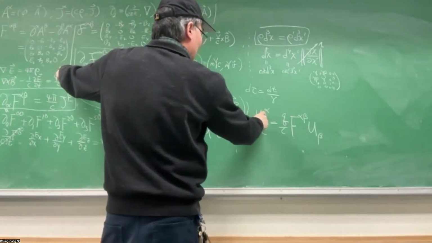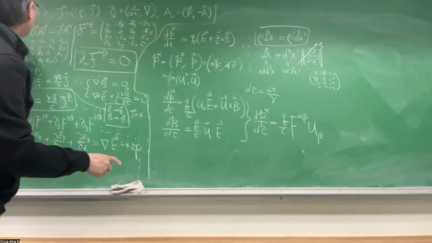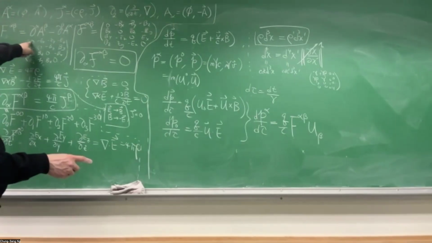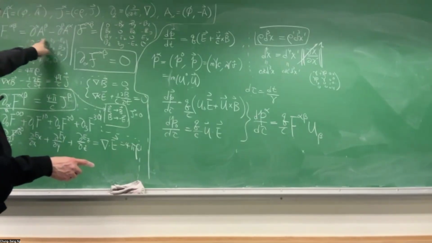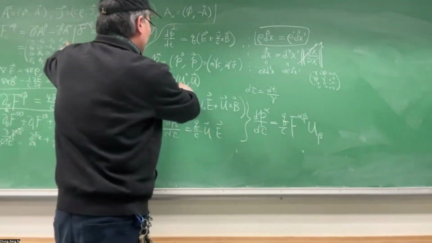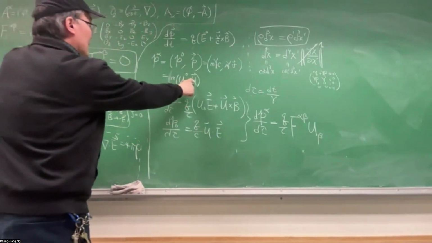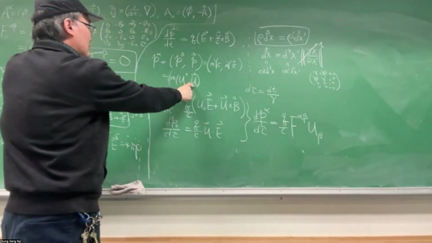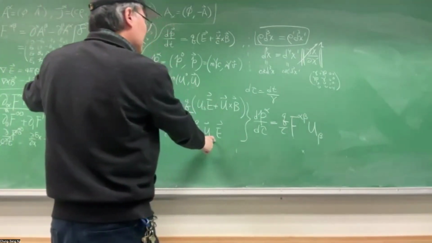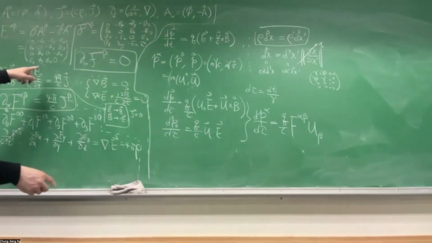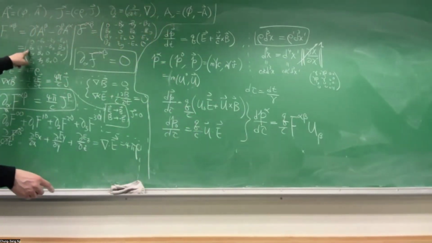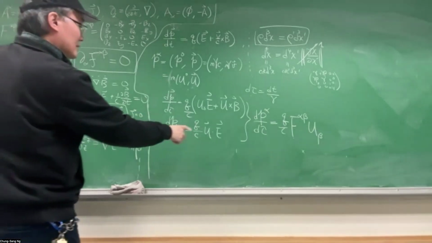For the 0, 1 component, basically all this contraction is a sum over this one. This is just like a matrix multiplication, a matrix multiplied by a column vector, this one multiplied by this as a column vector. So basically it's just the spatial part dotted into this spatial part U, so basically this one. And the rest has two parts.